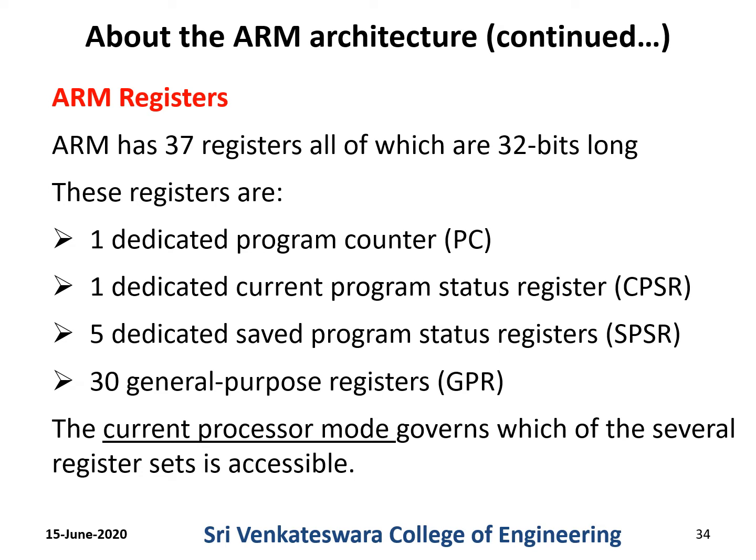The current processor mode governs which of the several register sets is accessible. All the registers are not accessible in all the modes. We know that ARM architecture has 7 processor modes. So for each of these processor modes, only a certain number of registers are accessible.